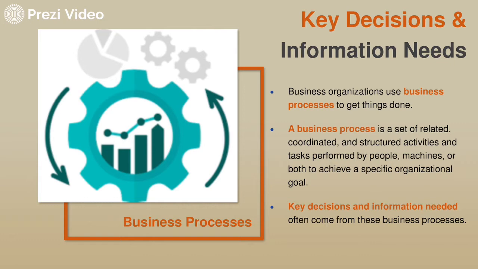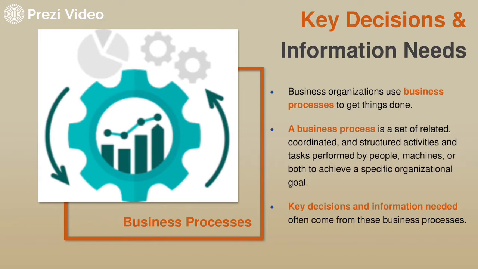From the decisions, they are going to design and use the AIS to capture, collect and process the correct data as needed by the decision makers, and then they produce that information. So the key decisions and information needed often come from the business process.